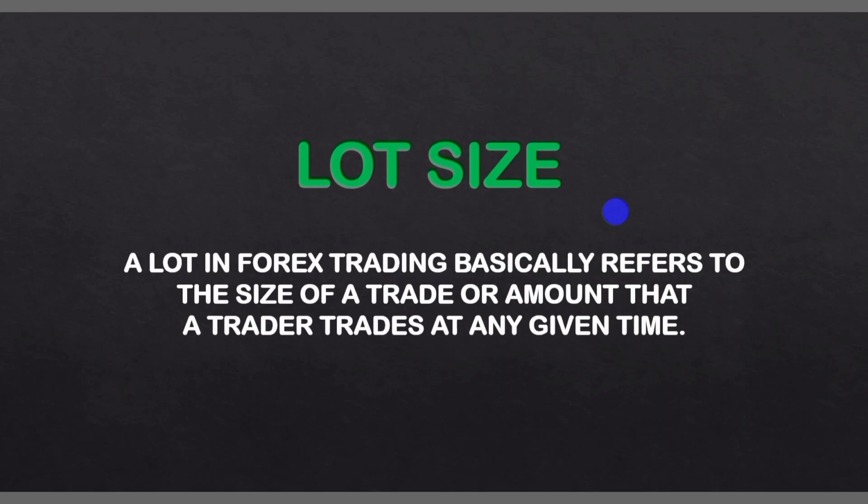A lot in Forex trading basically refers to the size. It is the size of the trade or amount that a trader trades at any given time. So the lot size is basically what directly influences the risks you're taking. It is the best thing you need to understand before you identify your entry and exit points. So you must know how much you're willing to risk in a particular trade. The lot size is the factor that determines that.